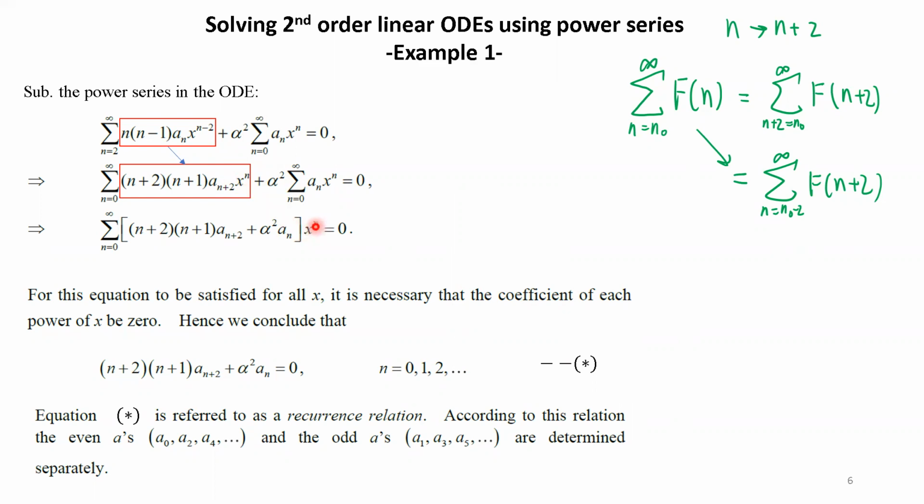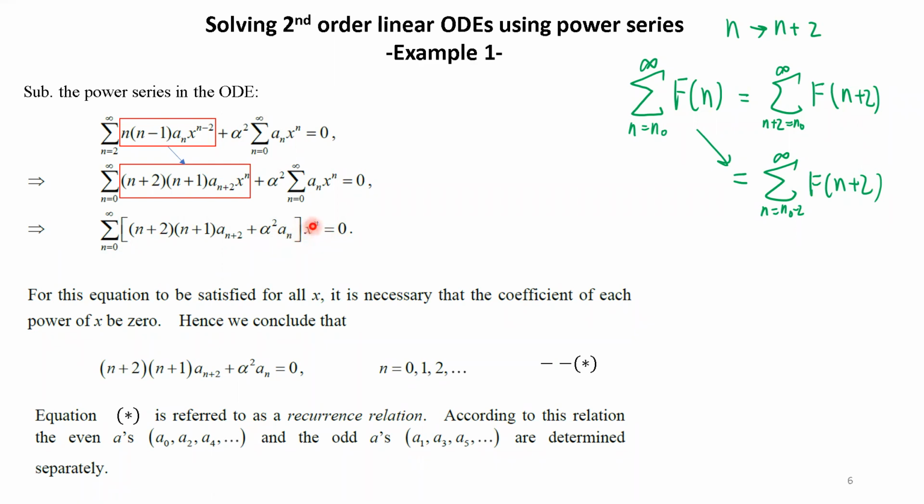Now I have this whole thing in the bracket. You can see what you have here: some n terms, a_(n+2), and then this alpha, which is just a parameter in your ODE, and a_n. So this whole summation has to be equal to 0, and it has to be always true no matter what x you pick.